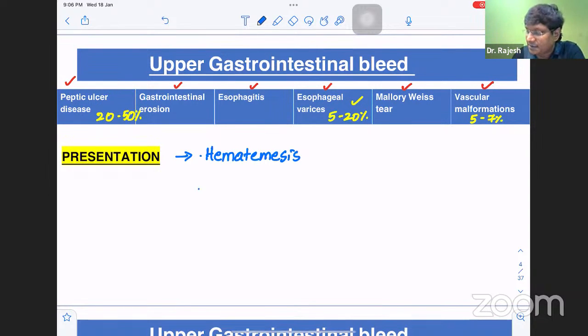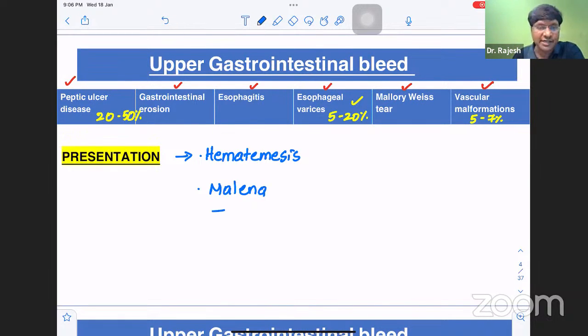The other presentation of the upper gastrointestinal bleed will be in the form of melena. After the hematemesis, the next most common presentation of the upper gastrointestinal bleed will be melena, where you have the brownish color or blood within the stool.